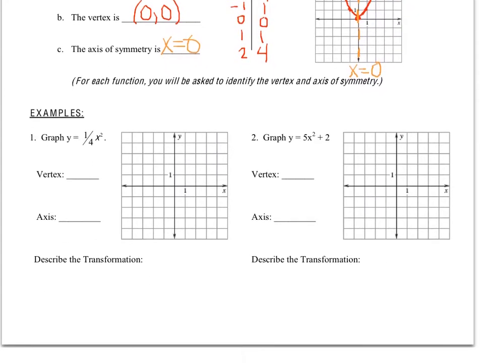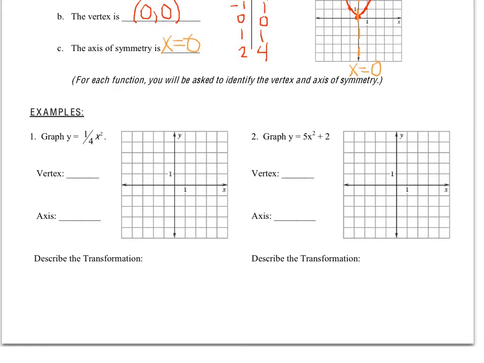So let's do a couple of graphs here. For this first problem, it says graph y equals 1/4 times x squared. I'm going to find my axis of symmetry first.